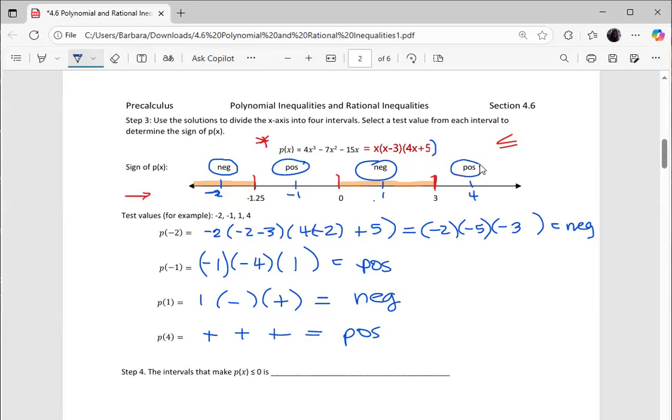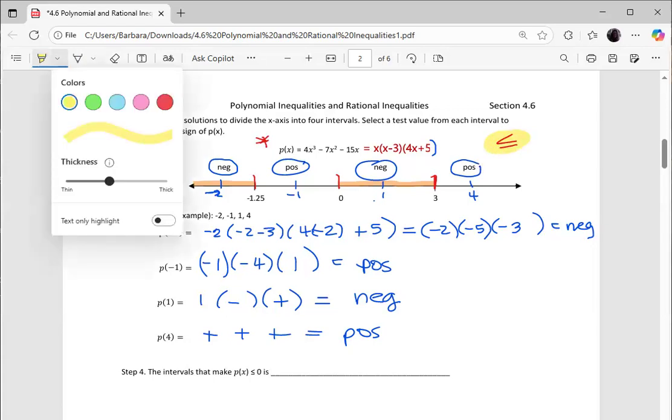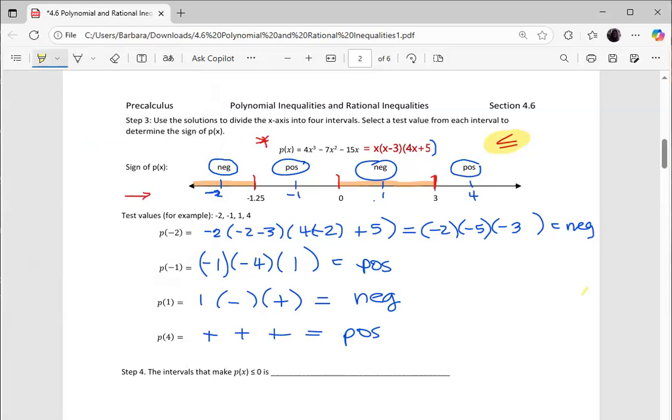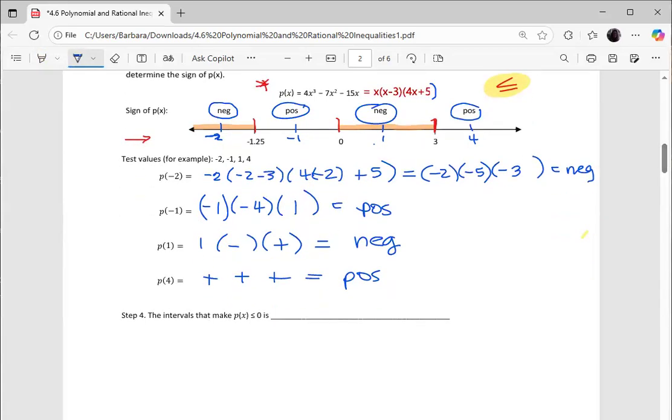Now I want it to be less than or equal to, so I went ahead and shaded the places where my test points were negative. So that means the whole interval there is negative. So I can now write the solution in interval notation.